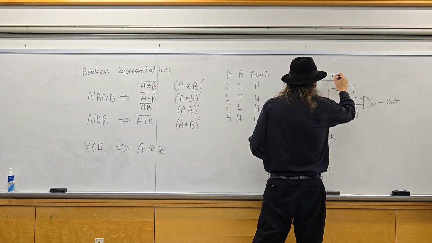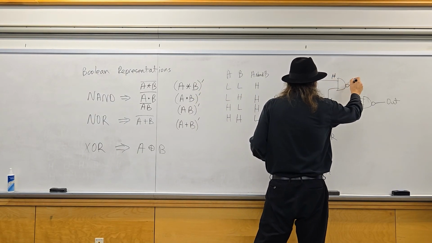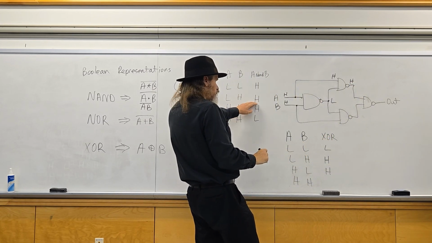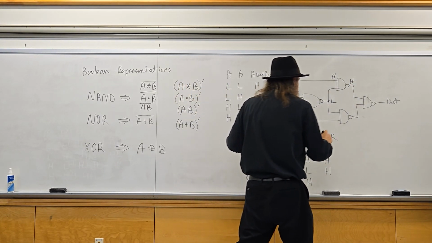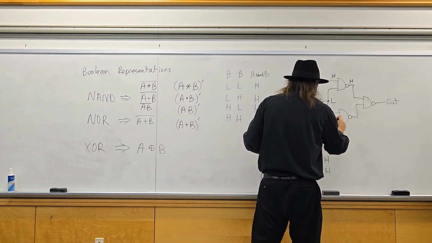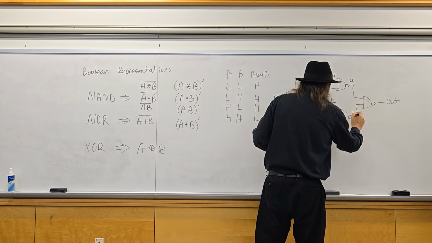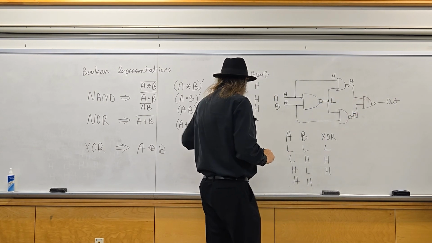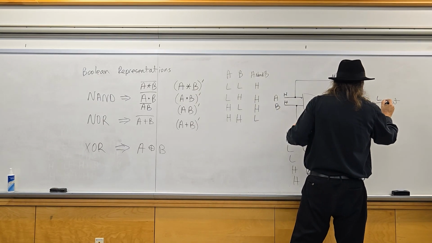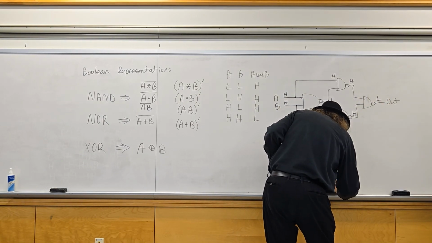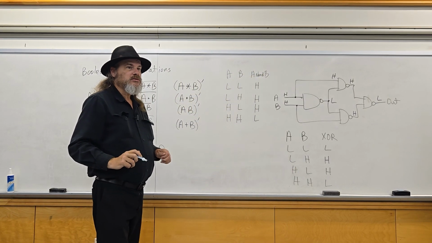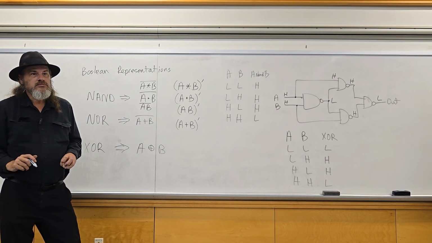This will be high, and low will give you high here, and likewise low here and high here will give you high here, and the high and high on the last gate will give you a low here, to give you a low down here and give you the exclusive OR gate effect.